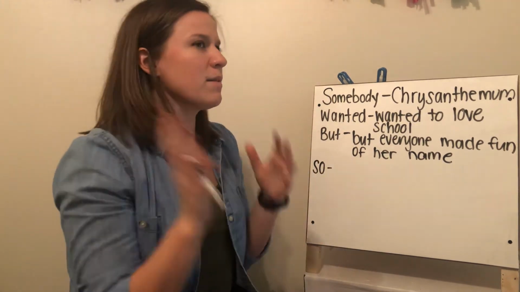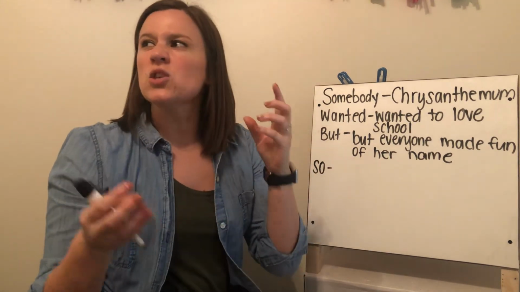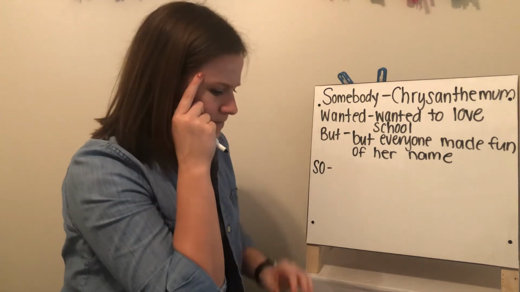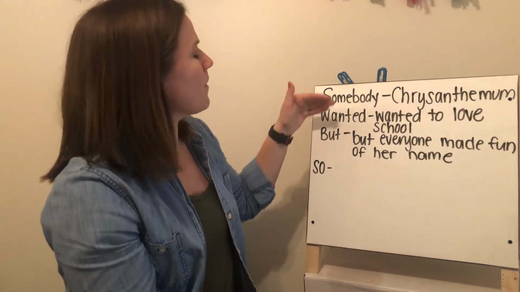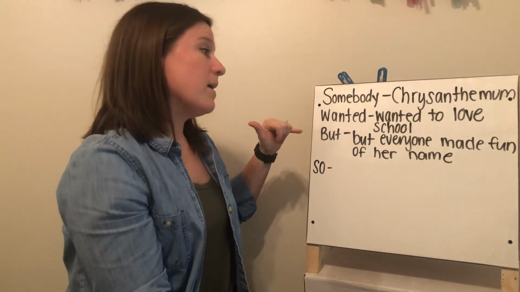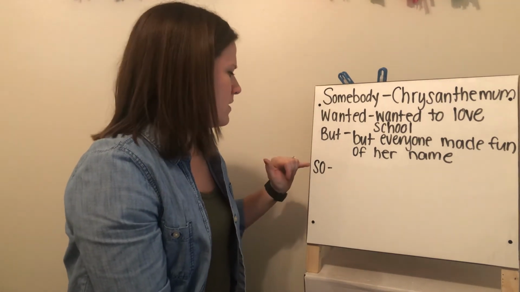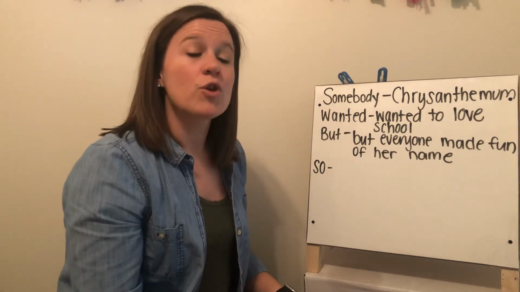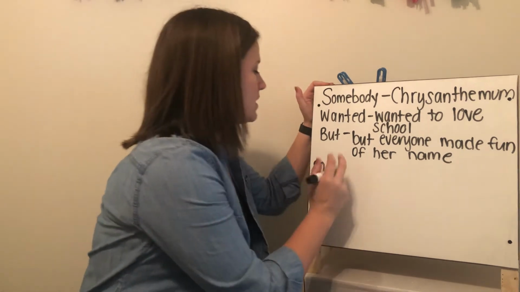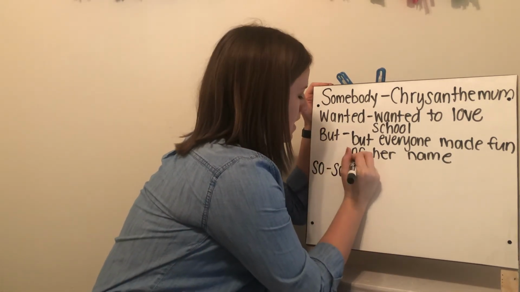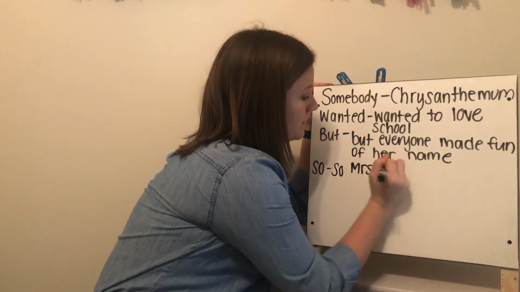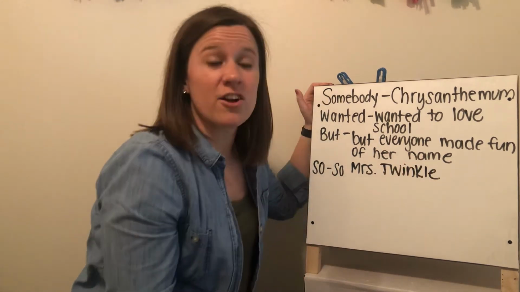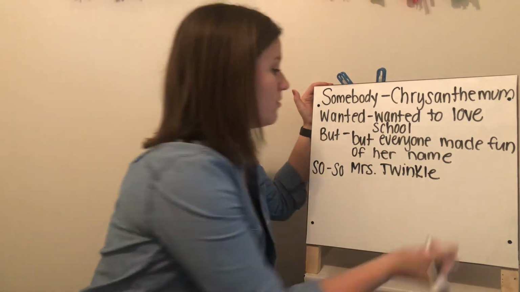So, what things kind of happened to help Chrysanthemum solve the conflict? Let's think. Chrysanthemum wanted to love school, but everyone made fun of her name. So what happened to kind of change everything? You're right, Mrs. Twinkle. So, Mrs. Twinkle shared that she was named after a flower too.